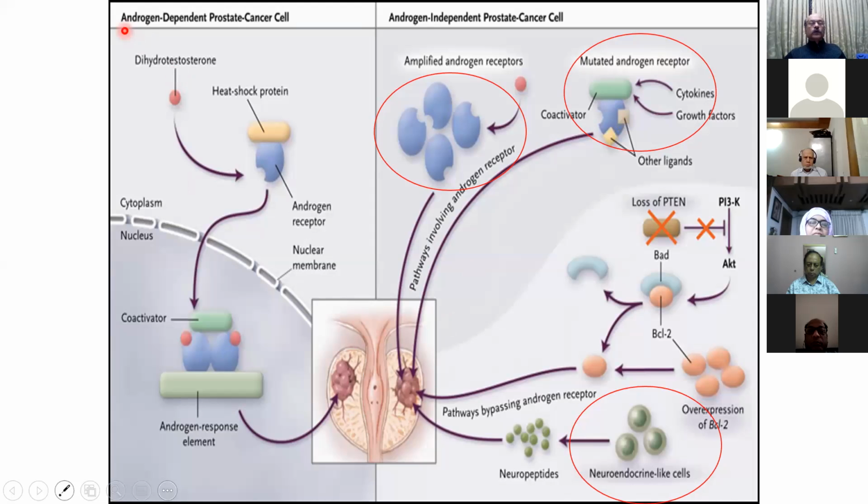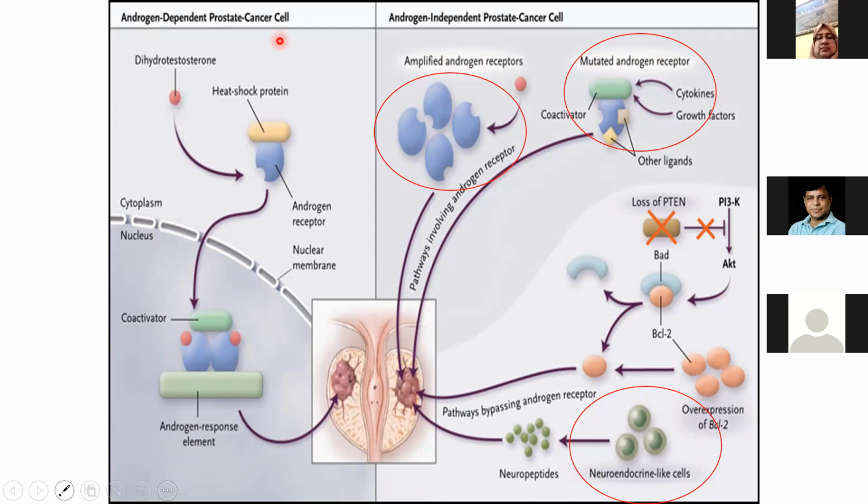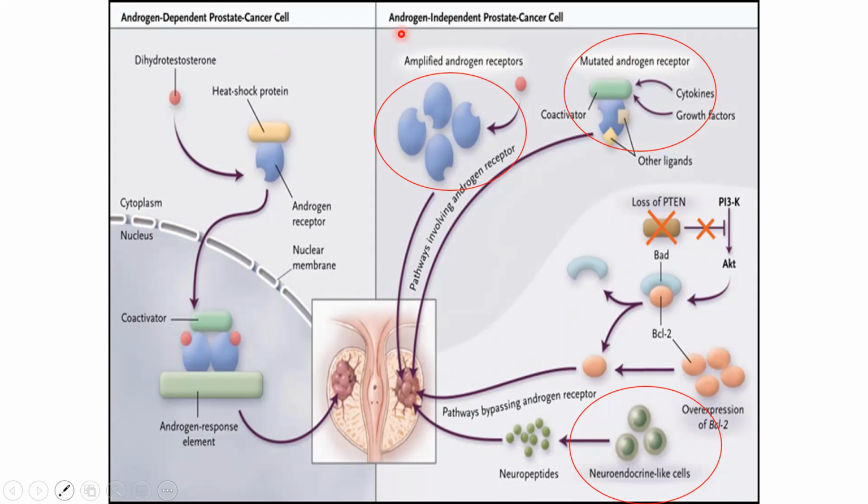Here, for prostate cancer, there are two pathways: one is the androgen-dependent pathway, another is the androgen-independent pathway. In the androgen-dependent pathway, testosterone binds with heat shock protein or the androgen receptor. Then they activate the androgen response element, and finally prostatic cancer grows.